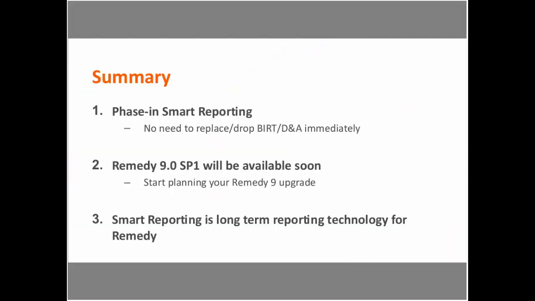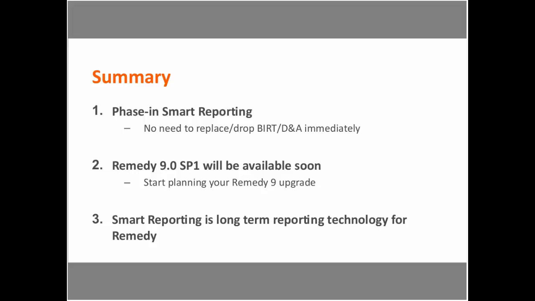So to quickly summarize our presentation today, we talked about smart reporting, the new reporting solution that we introduced in the Remedy 9 release. The best approach for adopting smart reporting is to start phasing it in, but at the same time you don't have to replace or drop BOT and DNA immediately.